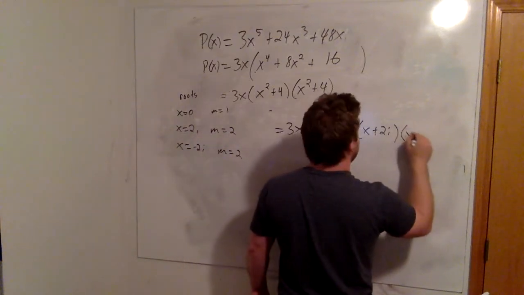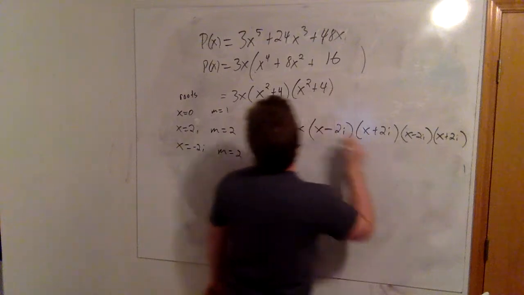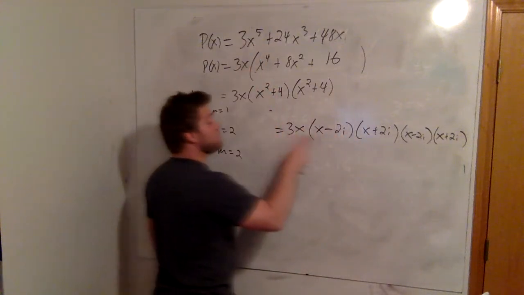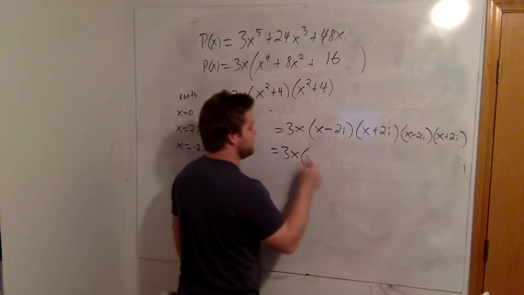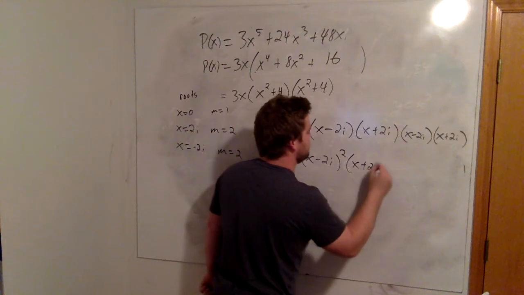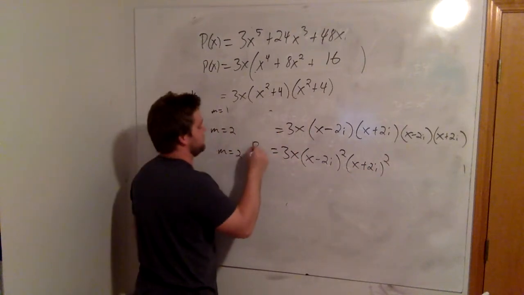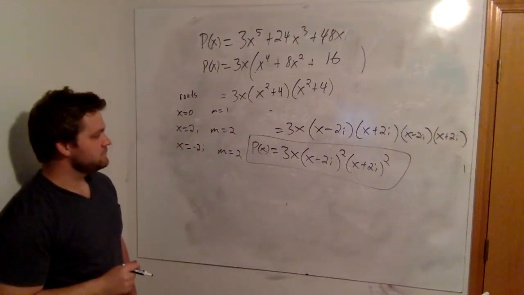I'll write an extra x minus 2i and an extra x plus 2i. Notice this polynomial factored into the product of 5 linear factors. But we could write this as 3x times x minus 2i squared times x plus 2i squared. And that's how this polynomial will factor. Okay? How fun is this?